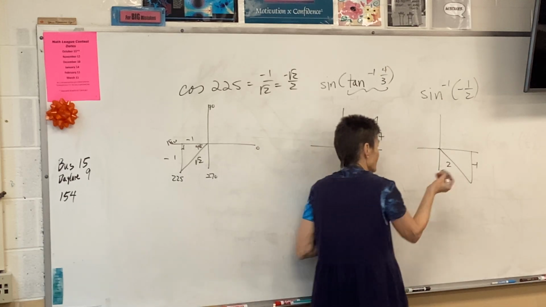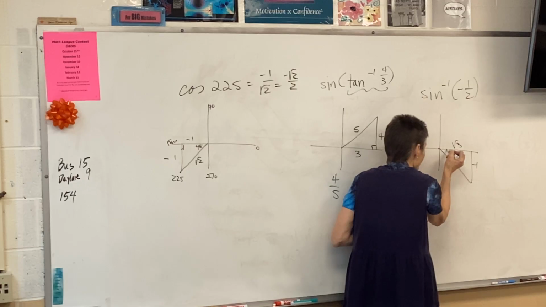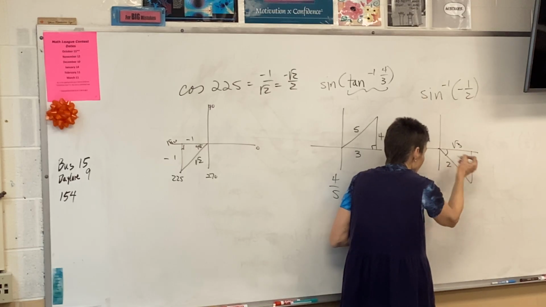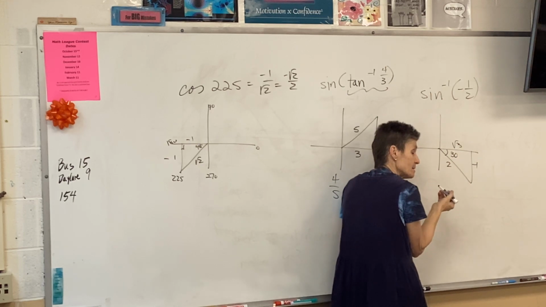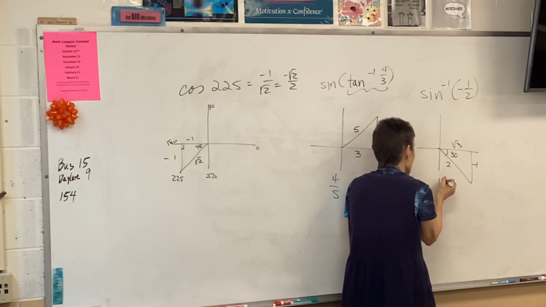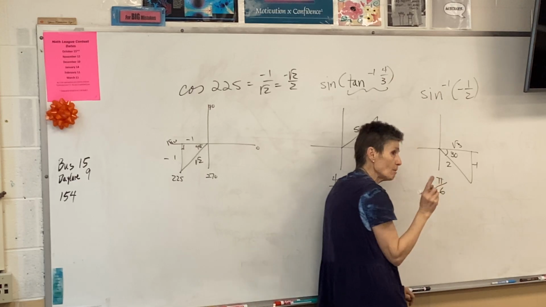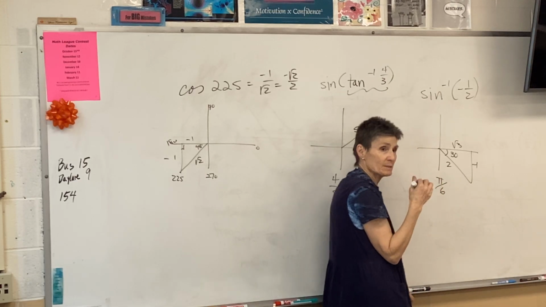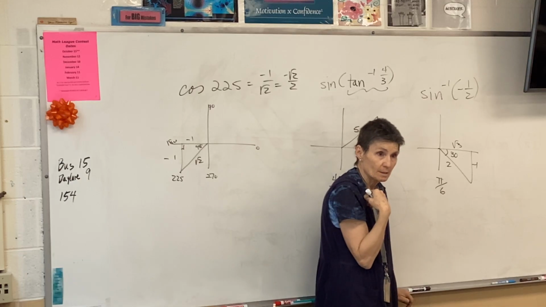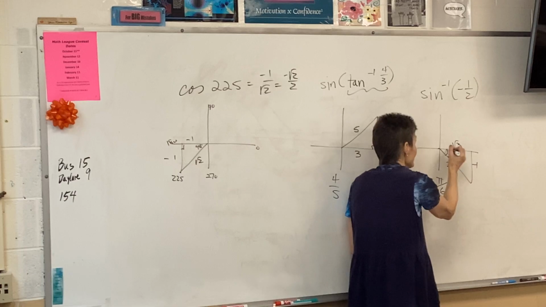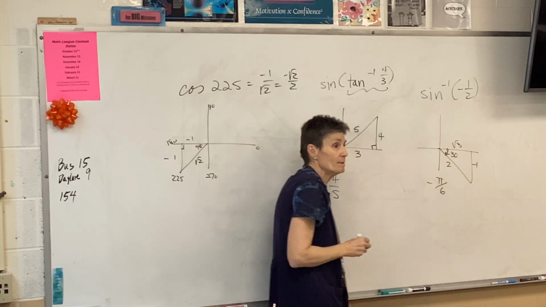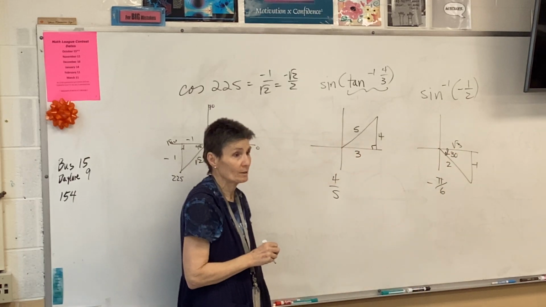Which means this would be root 3, and this angle here is, come on, 30. In radians, pi over 6. But be careful. You told me I was in quadrant 4. So it's not positive pi over 6, it's negative pi over 6, because we have to be down in quadrant 4.